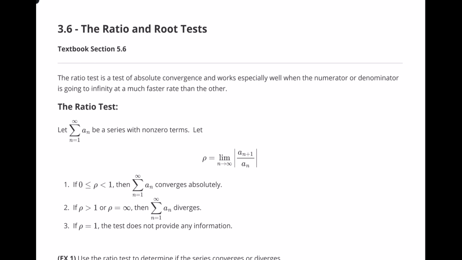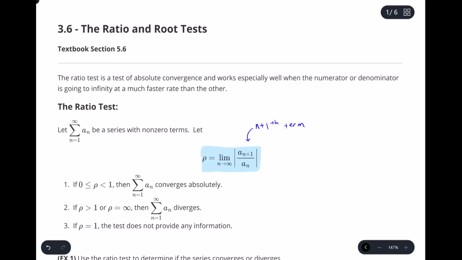So we define a value, rho, and it doesn't really matter if we give it a name or not. Effectively, we're just evaluating this limit as n goes to infinity of a sub n plus 1, so that's the n plus 1th term, divided by a sub n, and that's the nth term in the sequence.